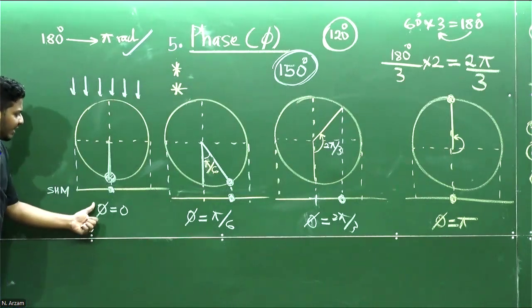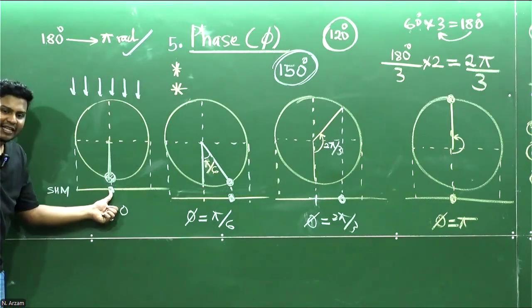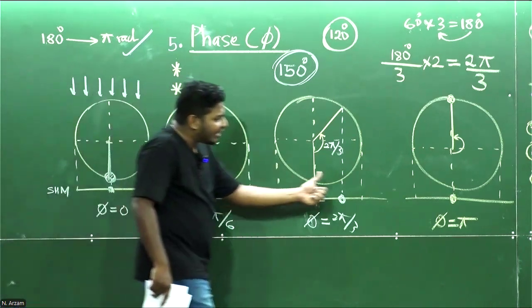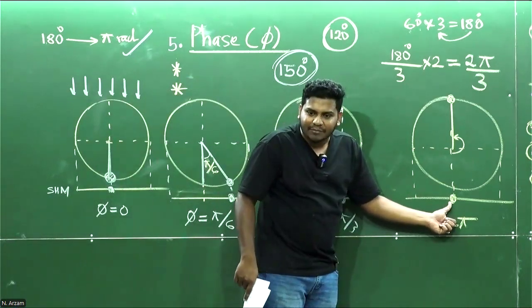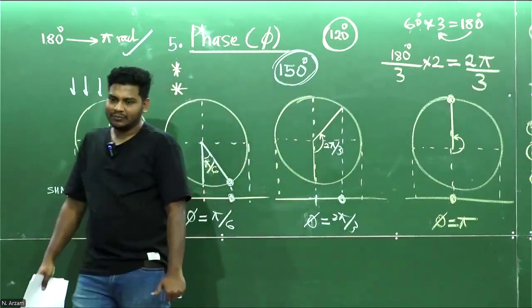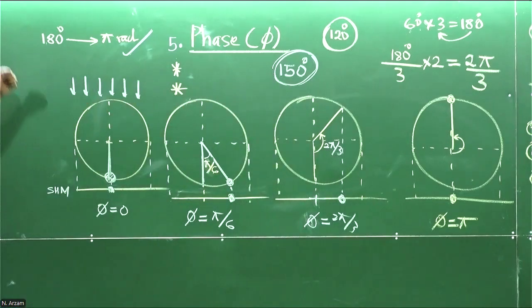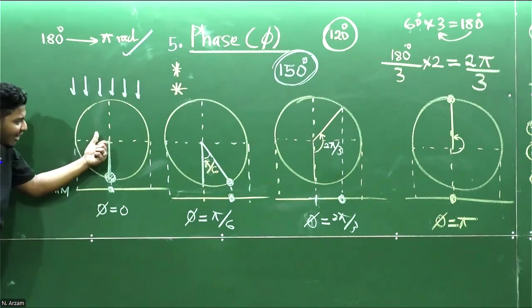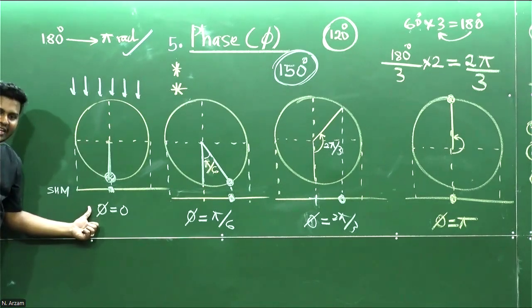In here, the SHM particle is at the equilibrium point. Here also the SHM particle is at the equilibrium point. So what is the difference between these two? That is why we are using the phase here.